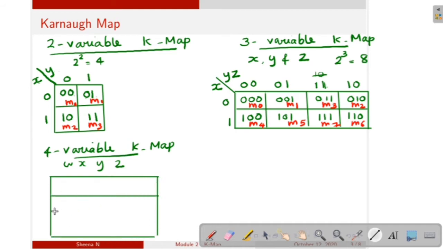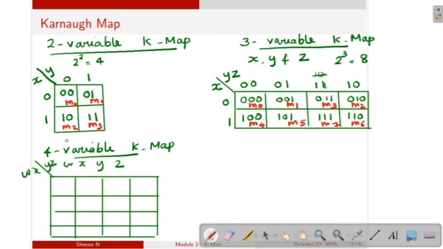Here we have 2 raised to 4, which is 16 different squares. Okay, so here is the separation and here we write WX and here YZ.